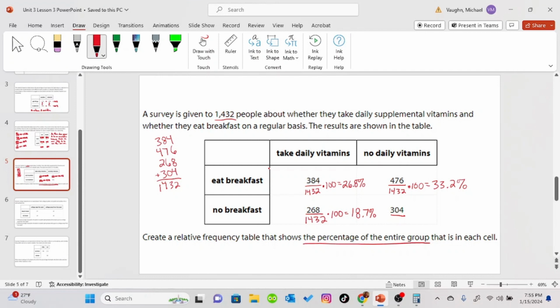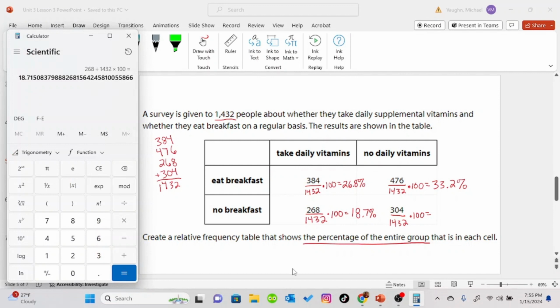And finally, 304 divided by 1,432 times 100 is 21.2%.